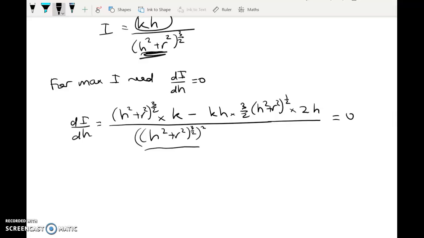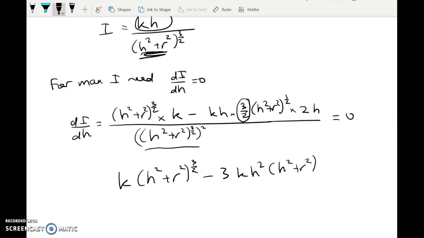So just cleaning up what we've got here, I'll do one cleanup line first, and then we'll factorize some stuff out. So here we've got minus 2kh squared, 2 times 3 over 2. So 2 times 3 over 2 gives me minus 3kh squared times h squared plus r squared to the 1/2.